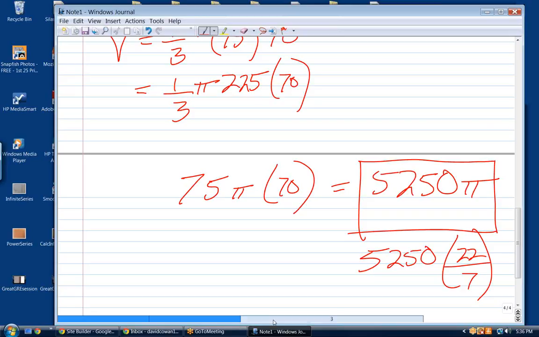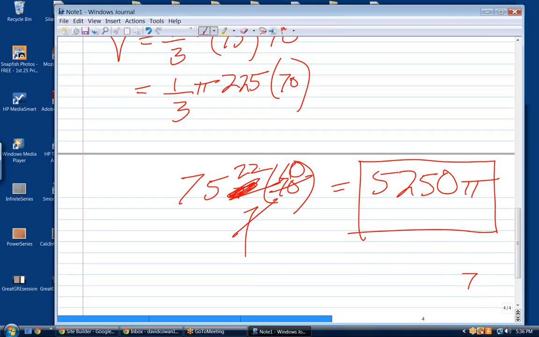And actually it's a little easier if we go back to this spot and substitute 22/7, because the 7 goes into the 70 exactly 10 times. So now I know the answer is 10 times 22 times 75, whatever that number is.